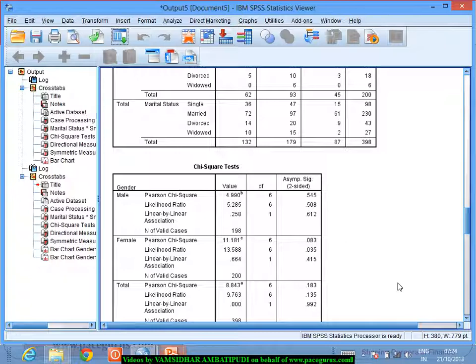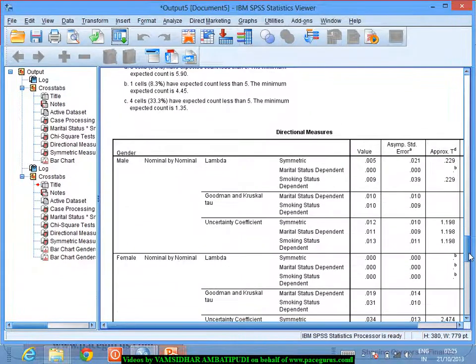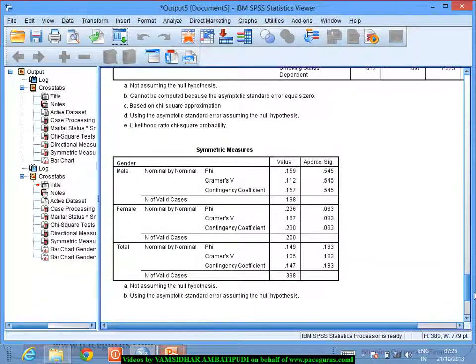There is no significant difference statistically between the marital statuses and the smoking statuses across the various genders. Had these been less than 0.05, any one of them, for male or female, I would have been tempted to look at the symmetric measures.